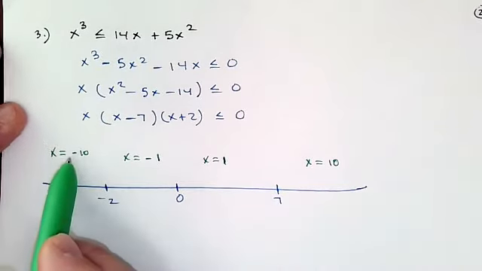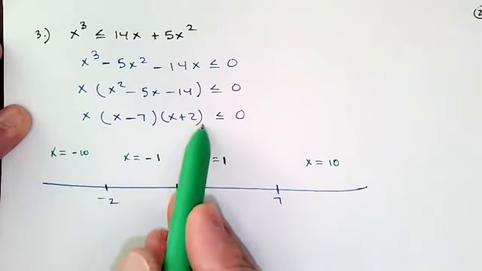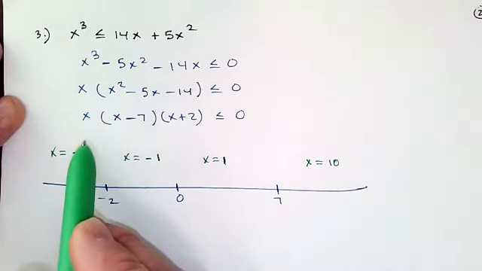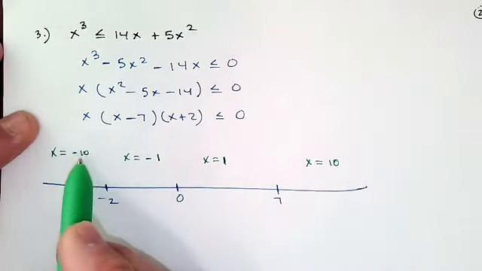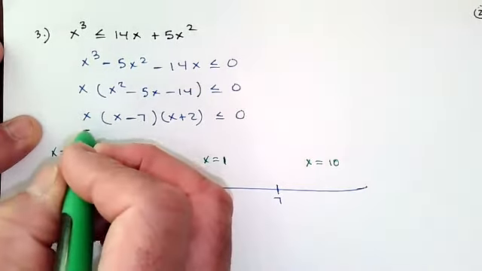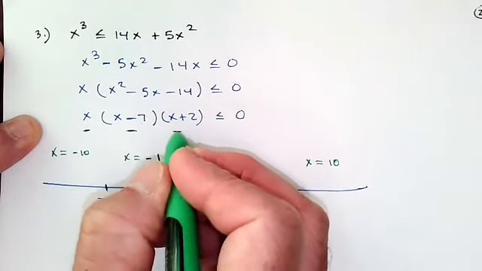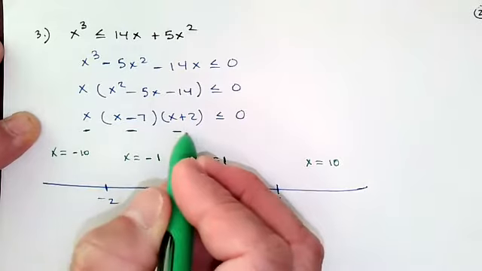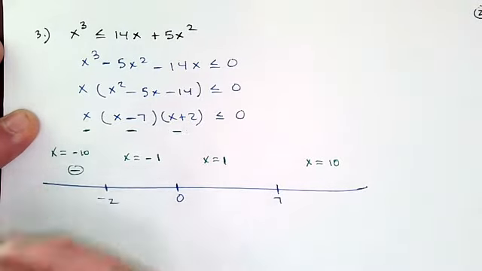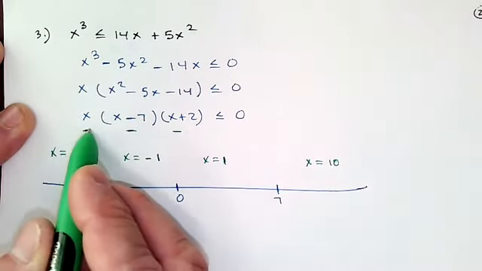And what you should do now, you might want to pause the video, is just to make sure you get the right signs. You have to run these numbers through every single term here. This is why it matters. Don't really care about the numbers. Just say positive or negative. -10 here is negative. -10 minus 7 is negative. -10 plus 2 is negative. 3 negatives multiplied together gives you a negative. If x is -1, that's still negative.